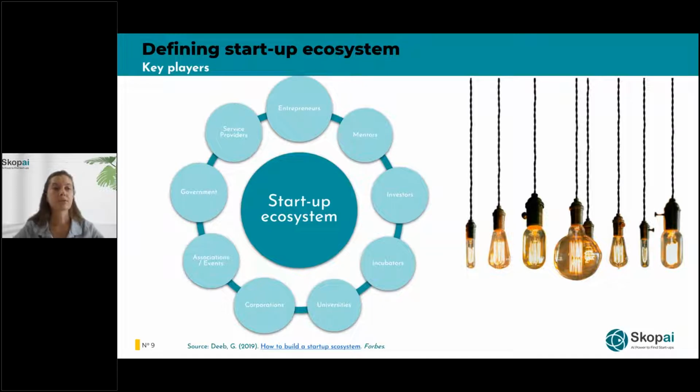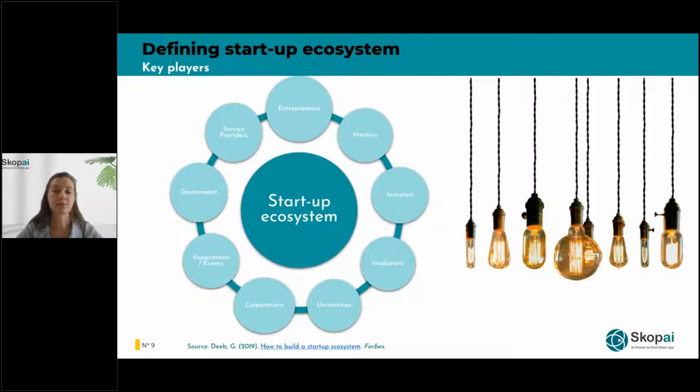There are several key players in startup ecosystems, which you can see on the slide. First of all, these are entrepreneurs themselves and startups, new ventures. They are mentors, investors, which include both venture capitalists and business angels.